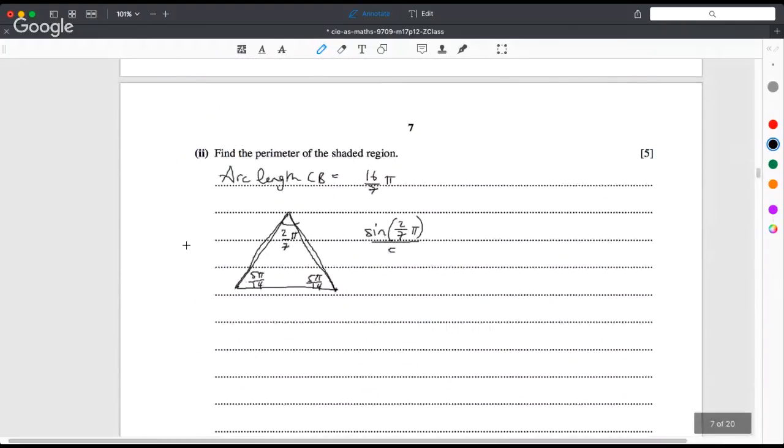So divided by CB is equal to the sine of some other angle, 5 pi/14, divided by the length of the side opposite, which we know is 8, because we were told that this is 8 and this is 8. And so this gives us that CB is equal to 6.942 centimeters.